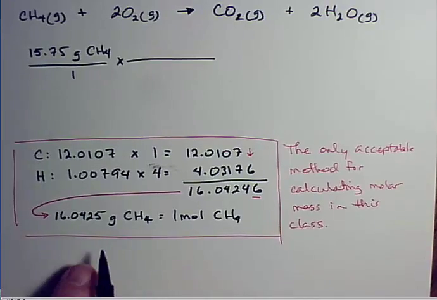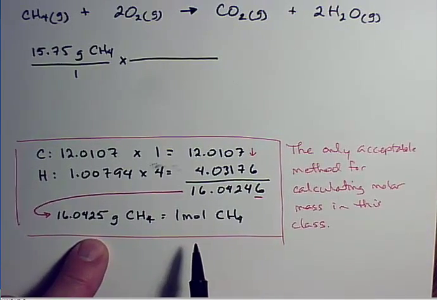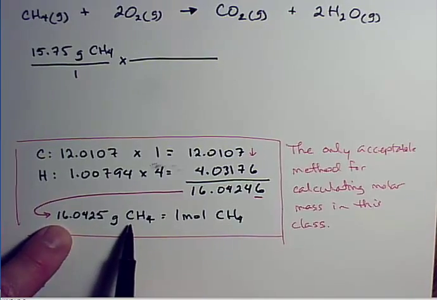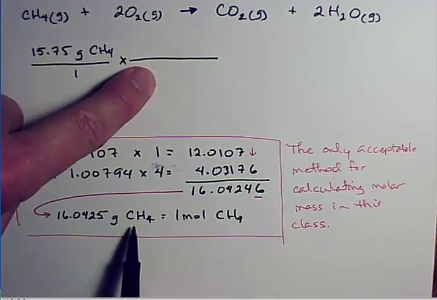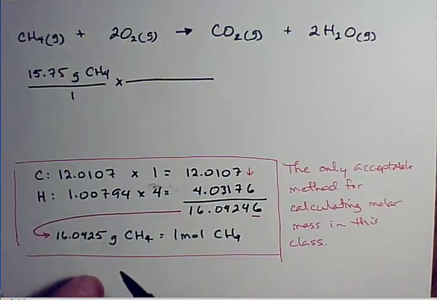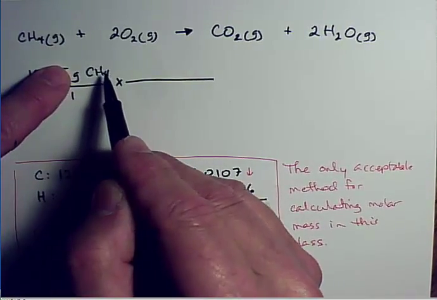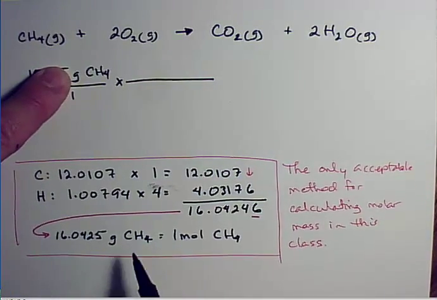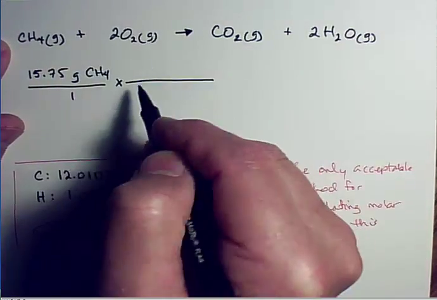Now in Unit 1 we learned to use equality statements like this. We said that this number needs to be put on the bottom here because it matches the units and species I have in the top of this fraction. So when I have grams of methane here, I need the side of the equality statement that has the matching units and species to be on the bottom of this fraction.